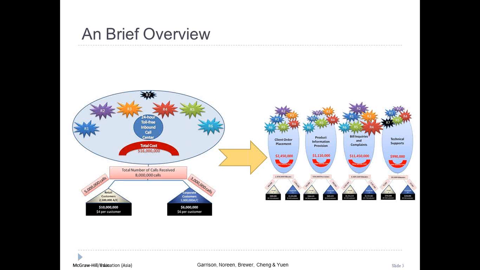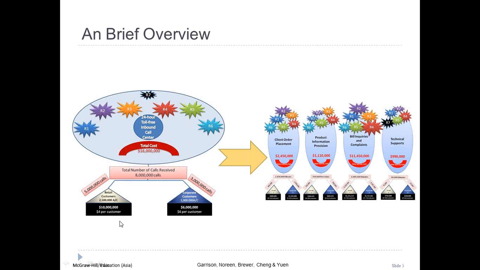So two groups of customers use the inbound call center: retail customers and corporate customers. There are 2.5 million retail accounts, and there are 1 million accounts for corporations. So of the 2.5 million accounts, 5 million calls come in. Of the 1 million corporate accounts, 3 million calls come in.